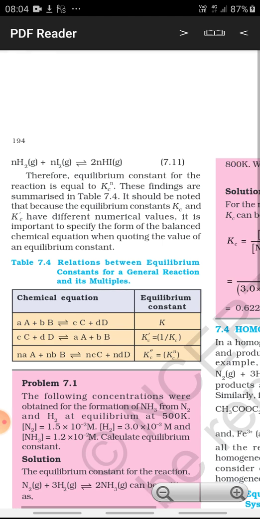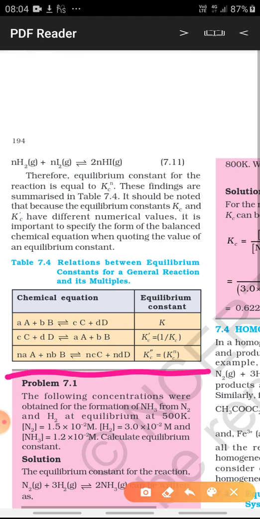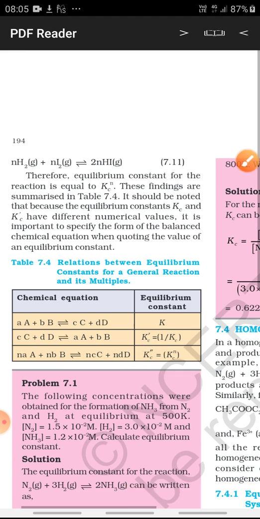This is given here in the form of a table. If Kc is the equilibrium constant for the forward reaction, and Kc dash is for the backward reaction, then it will be equal to 1 upon Kc.